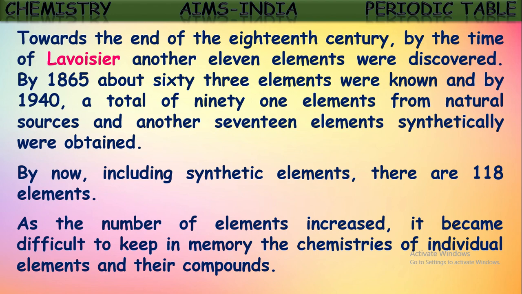But later on, scientists started discovering new elements from time to time. How many elements are known till now? 118 elements have been discovered so far, either natural or synthetic. So remembering the properties of this many elements and their compounds is a little difficult. We cannot remember those properties in a simple way.